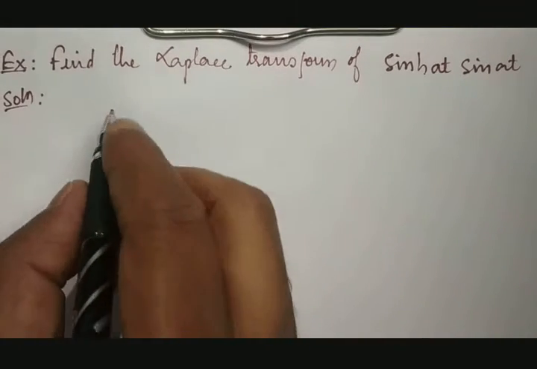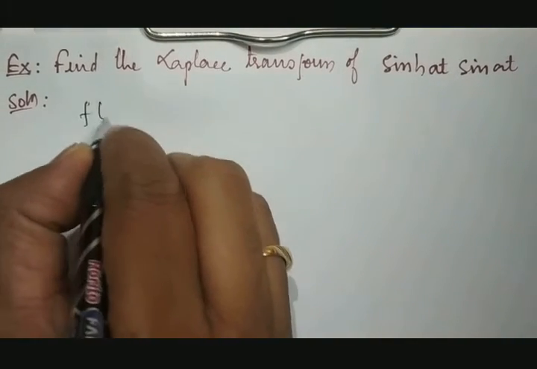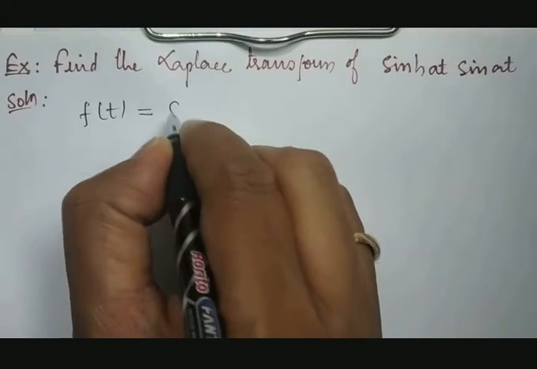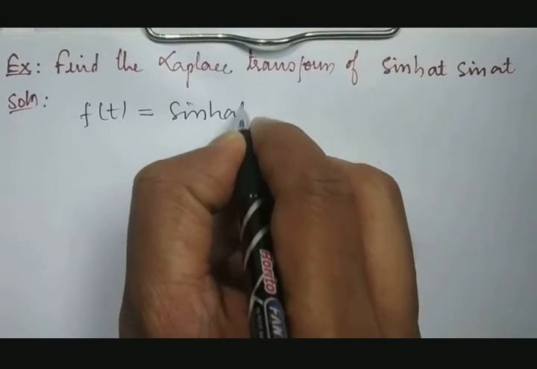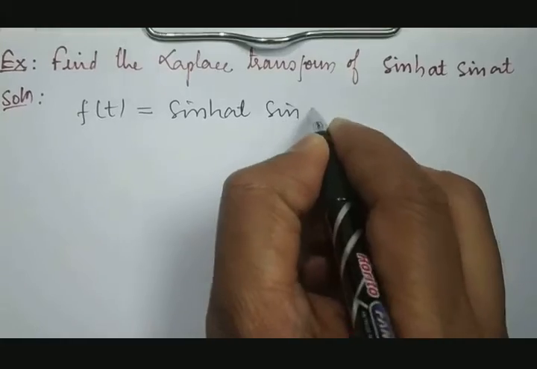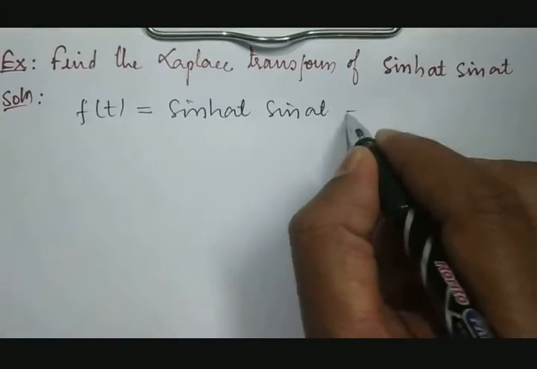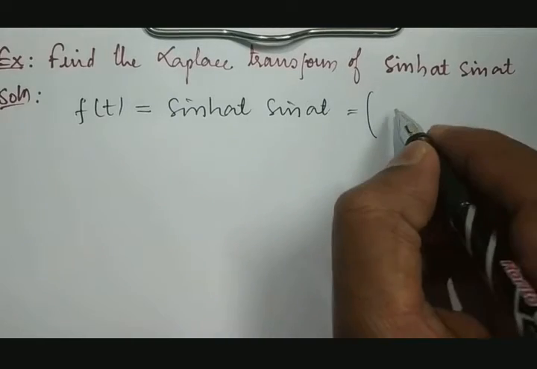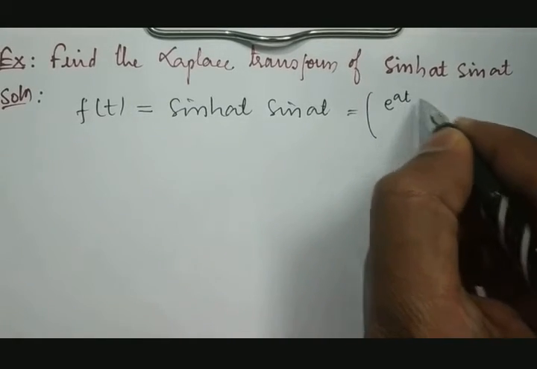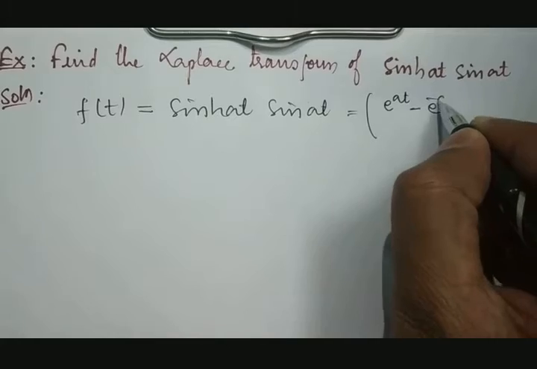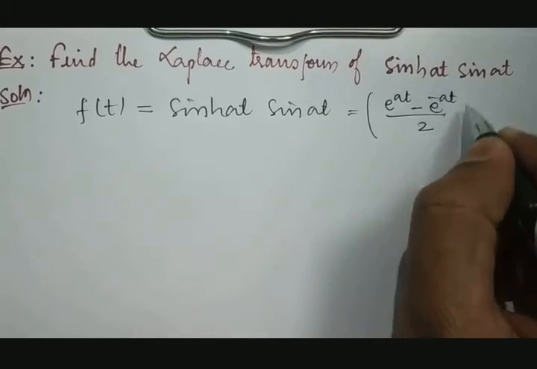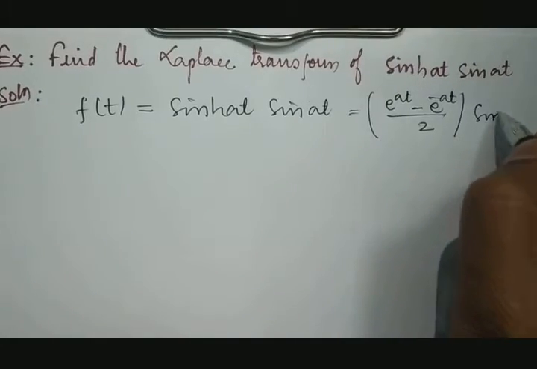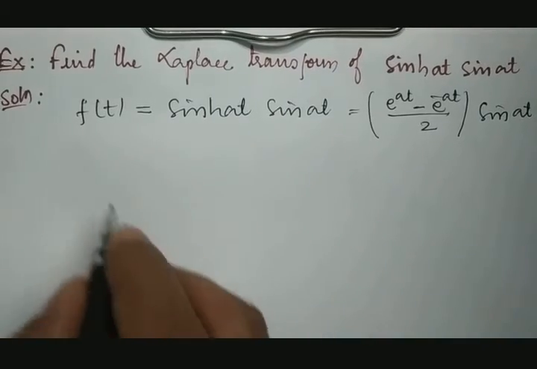So what we do, we consider this whole thing as f of t, that is sine hyperbolic at into sine at. Further, I will be taking sine hyperbolic at as e raised to at minus e raised to minus at, divided by 2, into sine at.